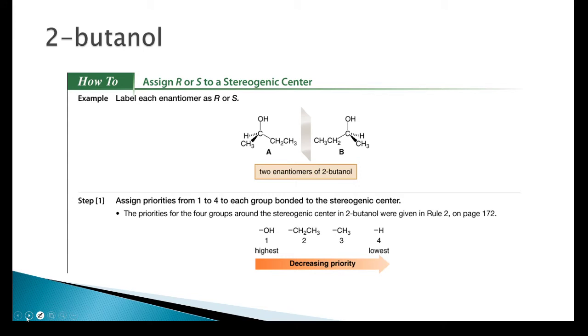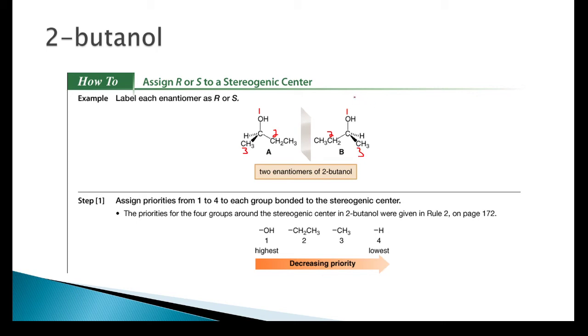Okay, so let's go back to our 2 enantiomers of butanol. Let's look at these 2 right here and see, are they R, are they S? First thing I look at, hydrogen's in the back. Good. Which has the highest priority, highest atomic number? Oxygen. Then an ethyl group wins the war, and then here.